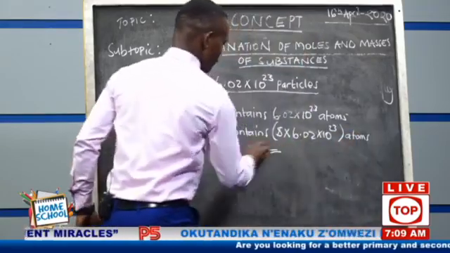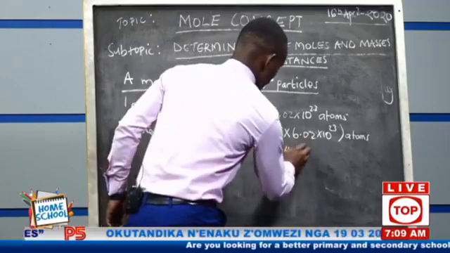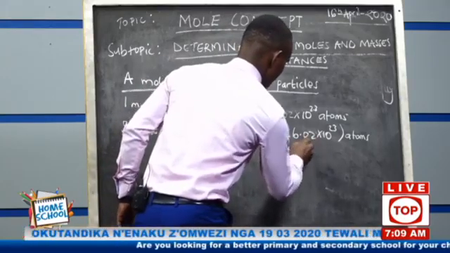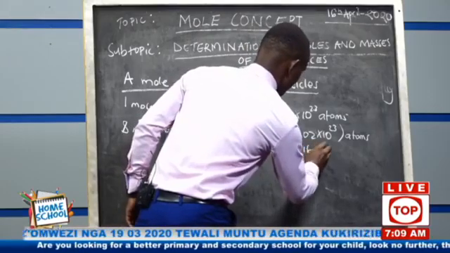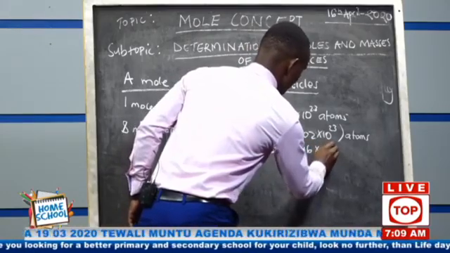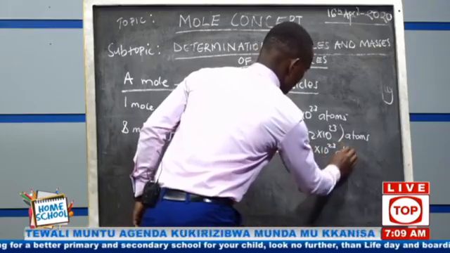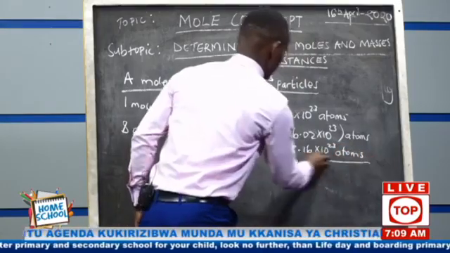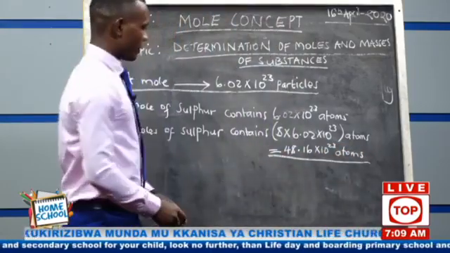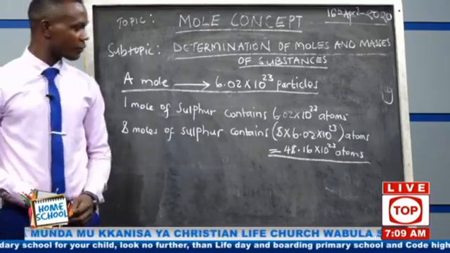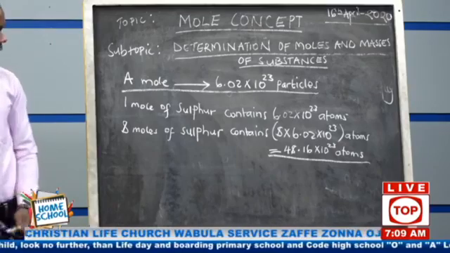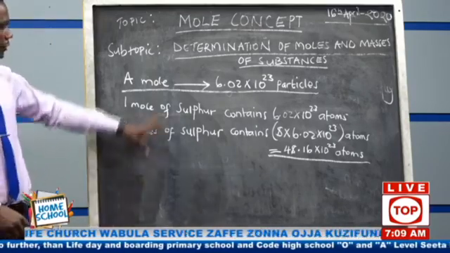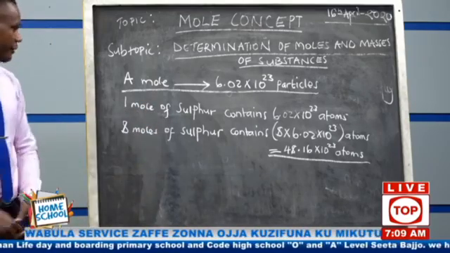And our answer will be 48.16 times 10 power 23 atoms. Okay? That will be our answer if we are to do that. So this is what we covered yesterday.